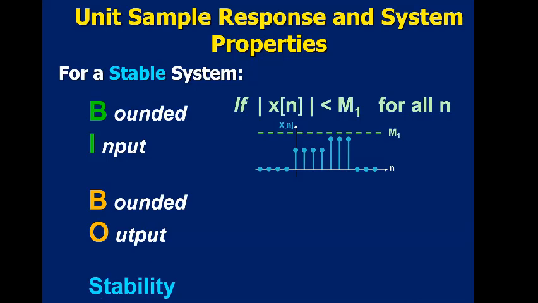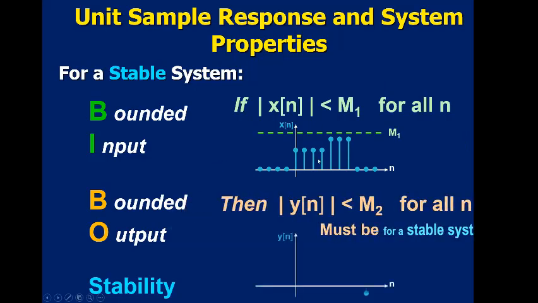That upper boundary can be 87 million, but as long as they're all contained within an upper bound, that's a bounded input. I'm going to call a system BIBO stable if for every input sequence that obeys this bounded definition, the system responds with a bounded output.